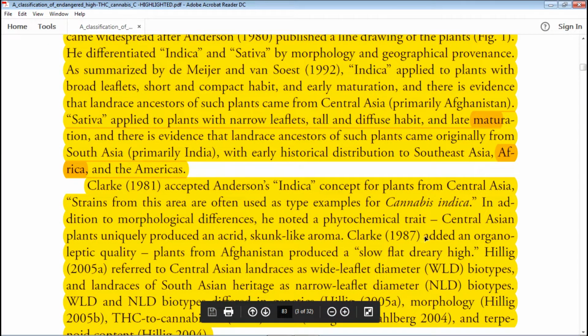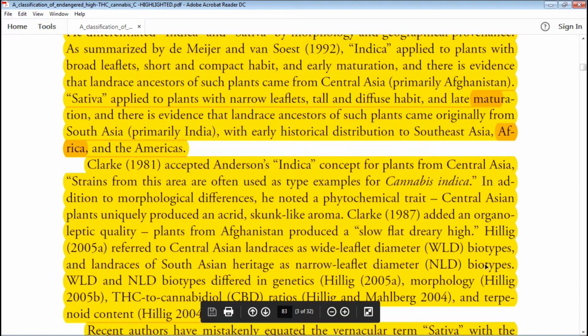Clarke, 1987, added an organoleptic quality. Plants from Afghanistan produced a slow, flat, dreary high. Hillig referred to Central Asian landraces as wide leaflet diameter biotypes, and landraces of South Asian heritage as narrow leaflet diameter biotypes.